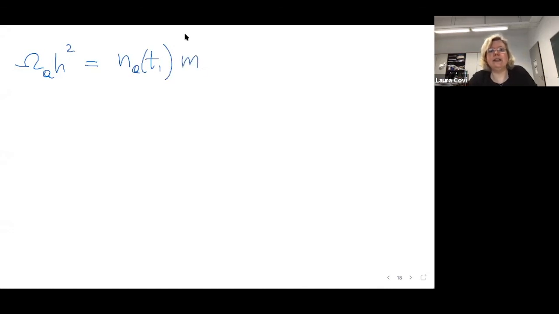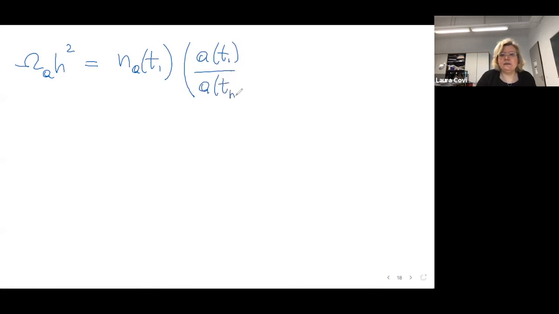So if you want, let me do it in a different way. So this is the number density. I rescale the number density to today. Of course, rescaling this means multiplying by the scale factor. I have the scale factor at T1 divided by the scale factor today, and I have to consider the cubed value.